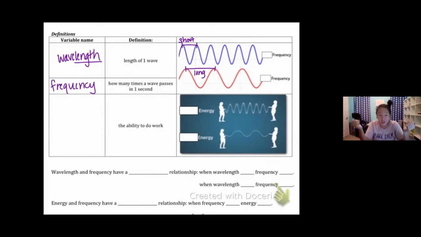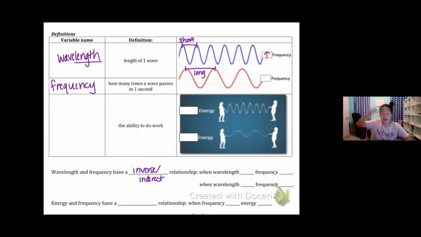What kind of relationship do they have? We say that they have an inverse or indirect relationship. What does that mean? It means that they have an opposite relationship. When you have a short wavelength, that means you have a high frequency.